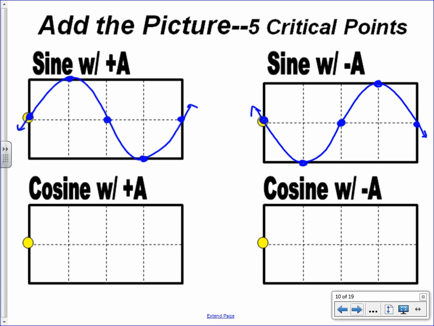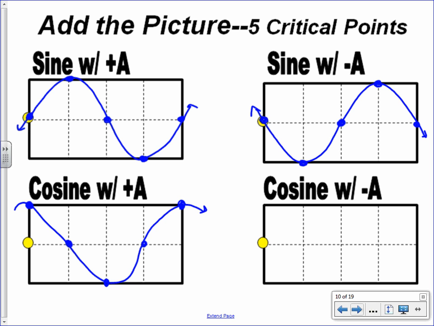So we're going to start up here at the top corner. Then we hit middle, down to the bottom of our frame, back up to middle, and then back to the top corner. When you connect these, make sure that you have a nice, smooth curve.